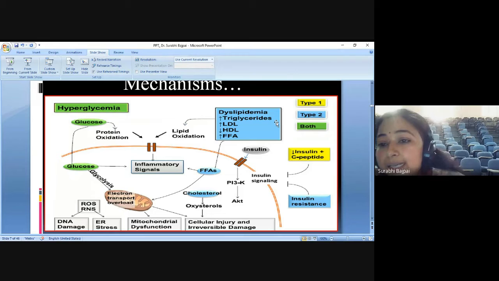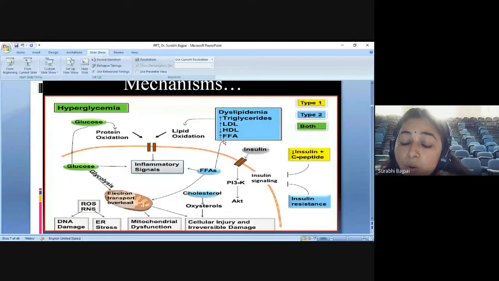Not only this, but dyslipidemia leads to lipid oxidation, followed by increased LDL, decreased HDL, which are high density lipoproteins, and an increase of free fatty acids, which may altogether result in a pathway that leads to increased inflammation at the sites of the neurons.